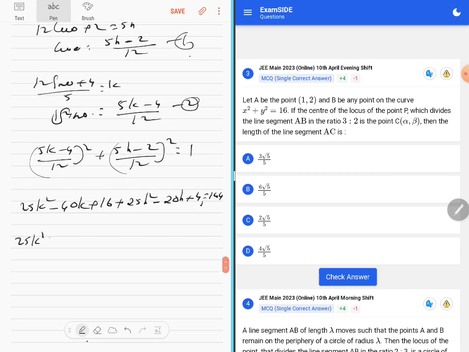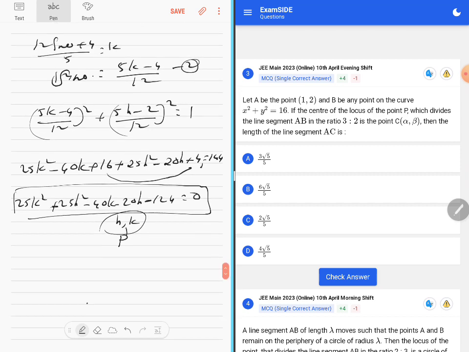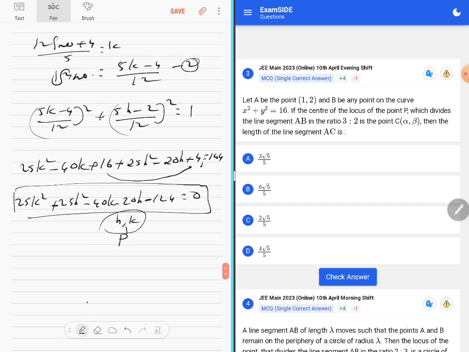So 25k square plus 25h square minus 40k minus 20h, this will be 20 minus 144, that is minus 124, is equal to 0. So thus we got an equation which is a circle's equation in h and k, which is nothing but the locus of the point P. The point P is (h, k), so thus we got the locus of the point, which turns out to be a circle.